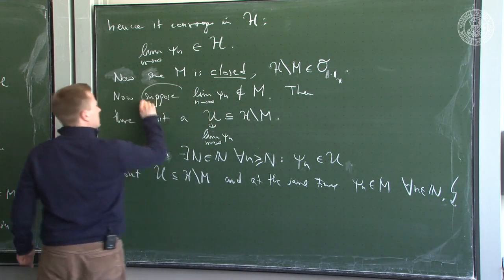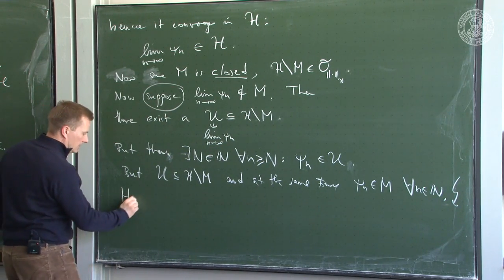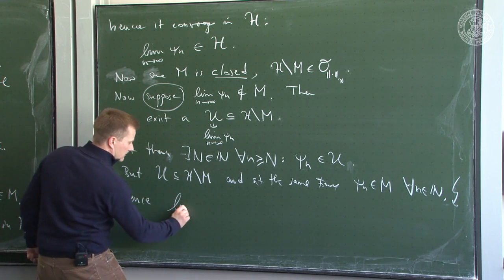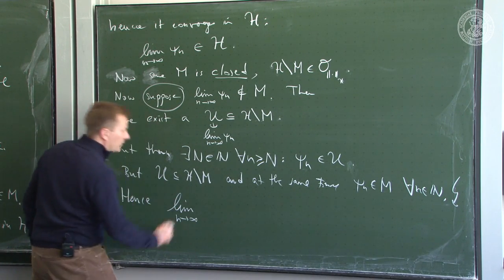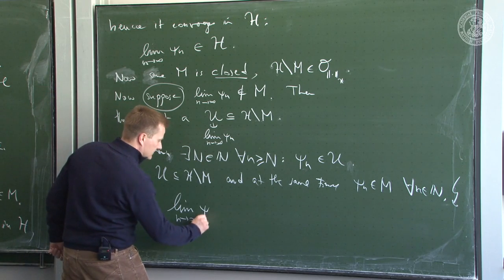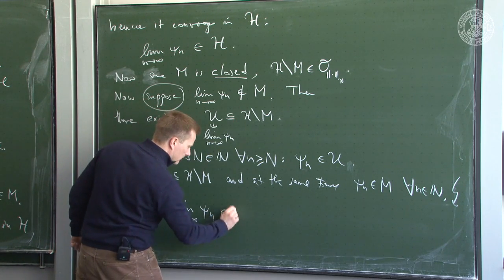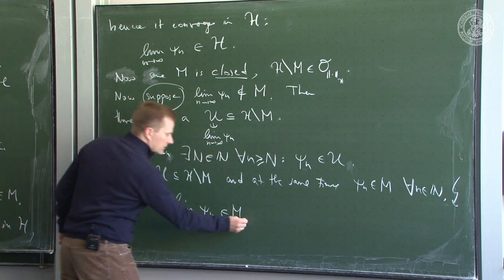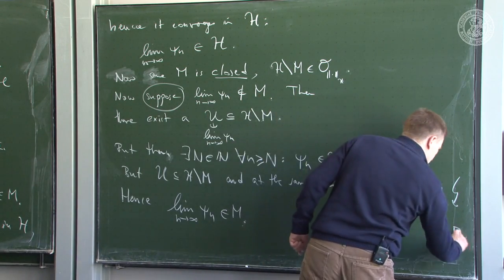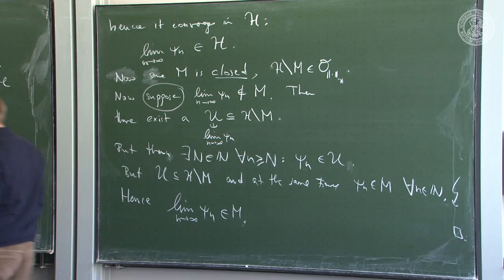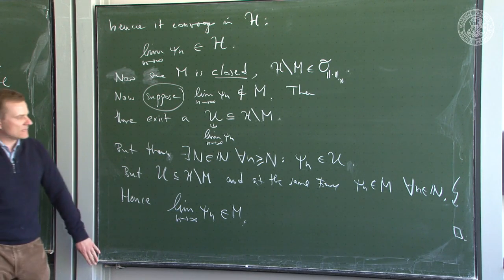Hence, our assumption is wrong. Hence, it is false. So the limit of psi n as n goes to infinity is in M. But that is what we wanted to show. So the Cauchy sequence in M, any Cauchy sequence in M, because we made no special assumption as to what Cauchy sequence this is, converges in M. That's it.